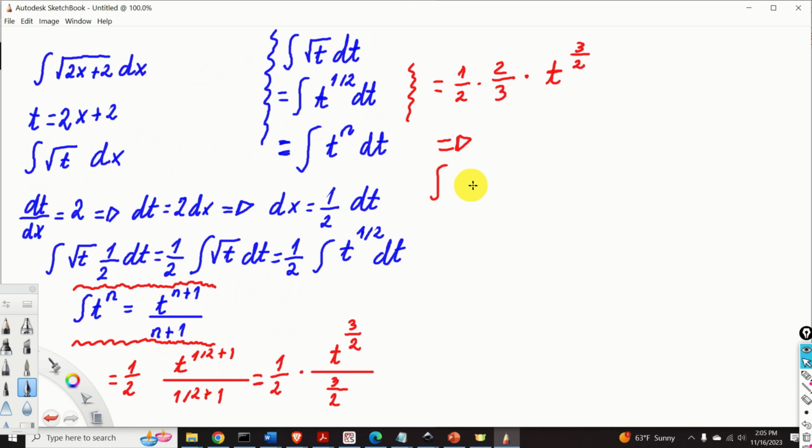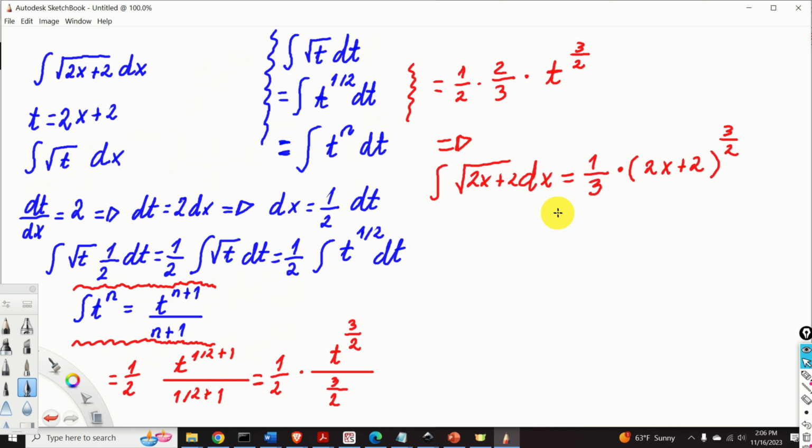So we obtain that the integral of square root of 2x plus 2 dx is actually equal to, let's see, 2 and 2 can be cancelled, and we have 1/3 multiplying, instead of t, we can obviously write 2x plus 2, and the power is 3/2.